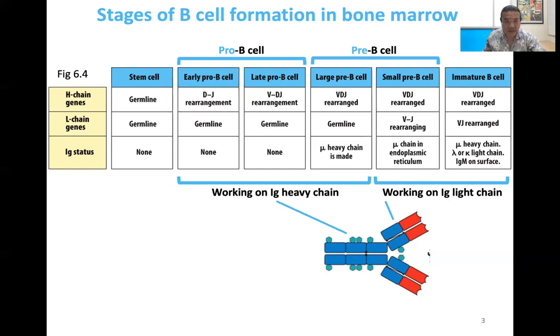And remember, this table takes you through the different phases or stages of a B cell becoming a B cell. It first starts off as a stem cell, that hematopoietic stem cell in your bone marrow, and then it will proceed through different stages of development.